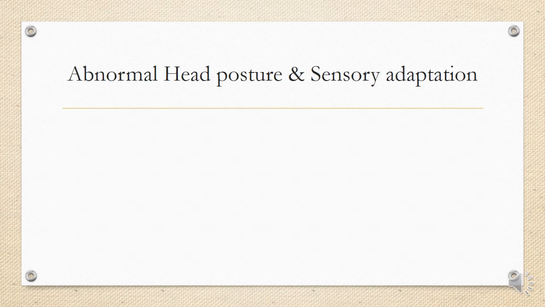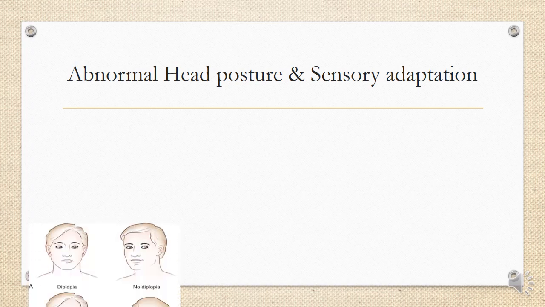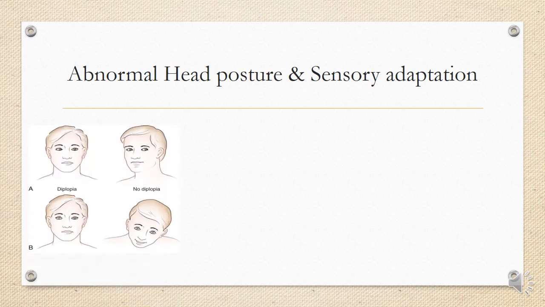Coming on to abnormal head posture and sensory adaptation, as I have already explained earlier, abnormal head posture is a very clear indication of how this squint has developed. If a patient with right lateral rectus palsy has an esotropia in the primary gaze, but when he looks to the left side there is no squint present, he will turn his face towards the affected muscle side.